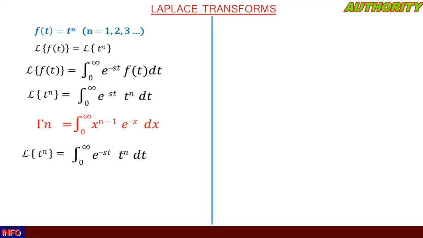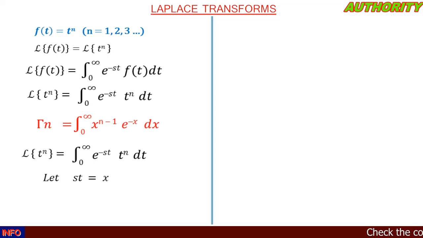Now, in this place we have minus st. We want to evaluate this integral. Let's call this st a letter. Let's use letter x. So here, we say let st equal to x.